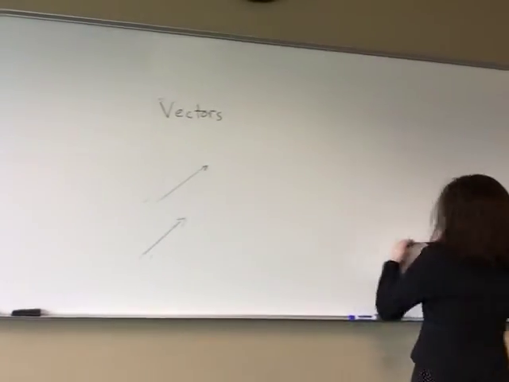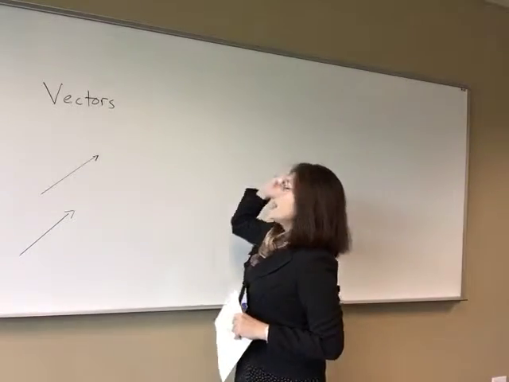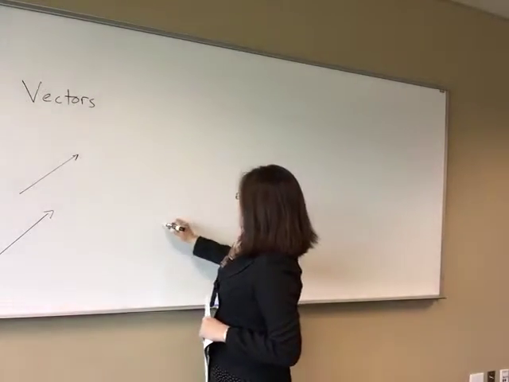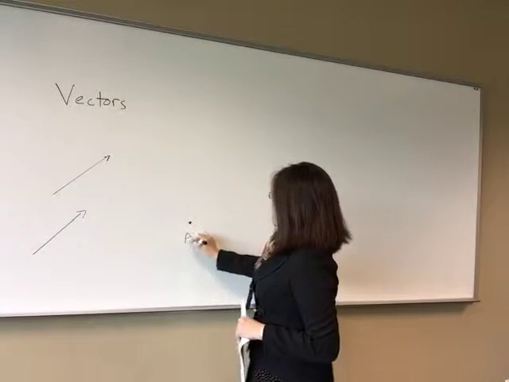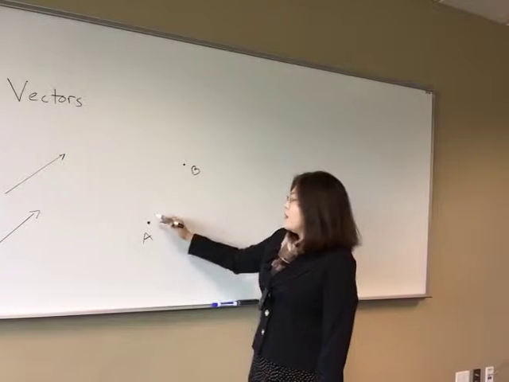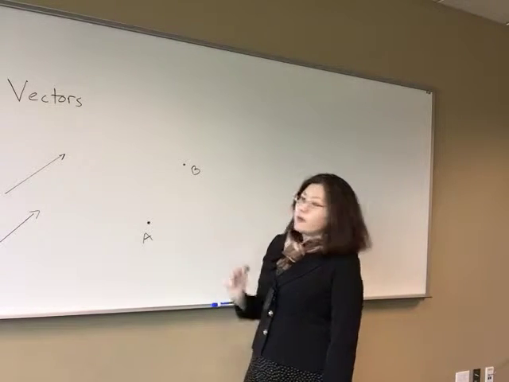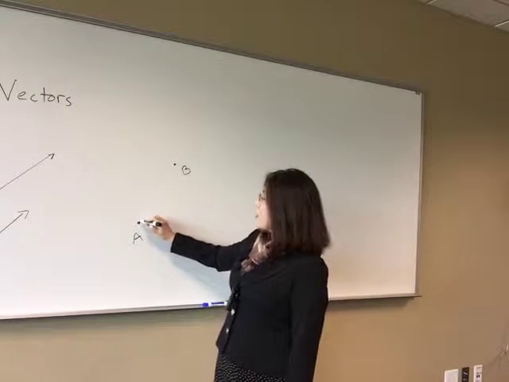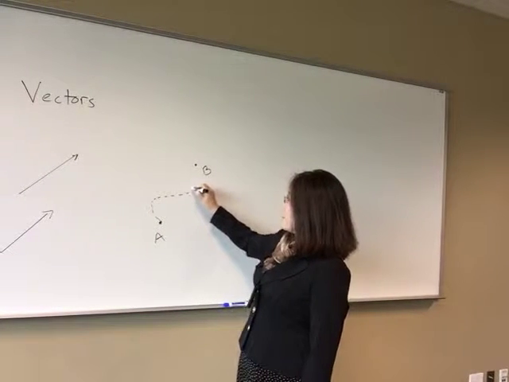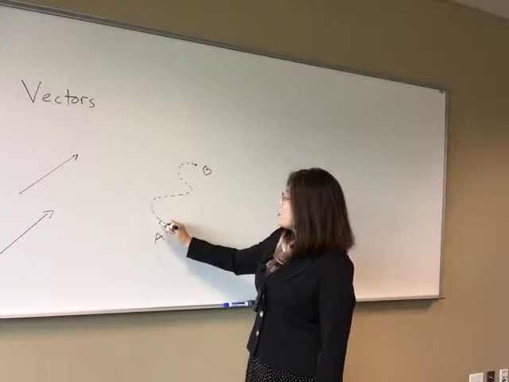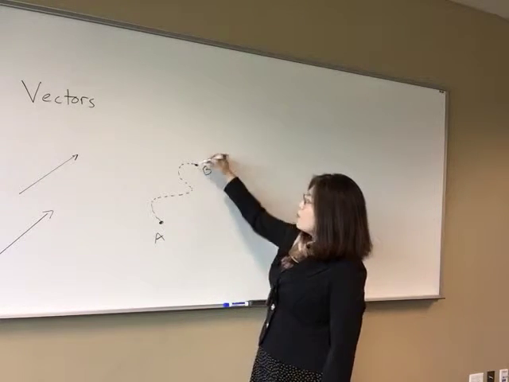All right. Now we mentioned that displacement is a vector. Take for example, let's say this is point A and this is point B. And then you walk from point A to point B. It may not be in the form of a straight line. You might walk somewhere and some here, and then come to your final destination. So this is your starting point, and this is your final point.